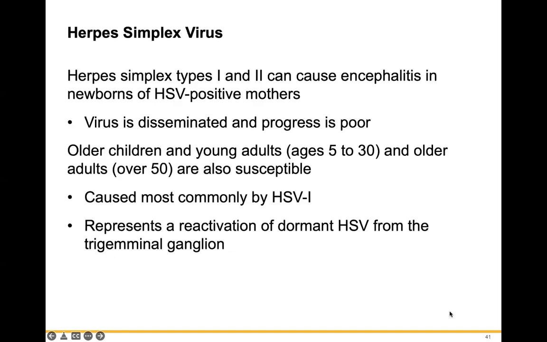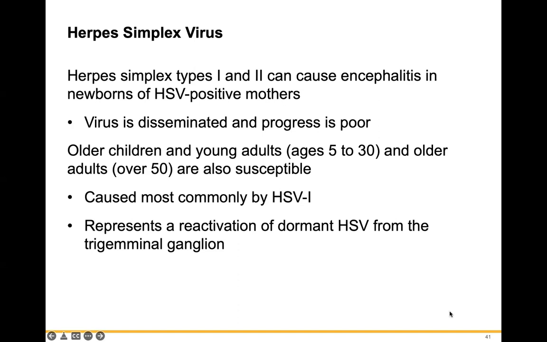Herpes simplex virus, types 1 and 2. Type 1 is what we typically refer to as oral herpes, and type 2 is what we typically refer to as genital herpes.